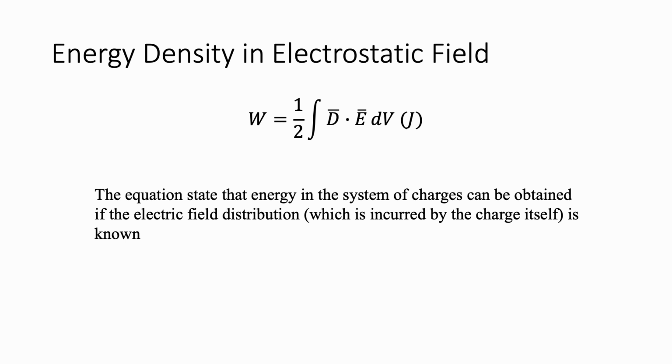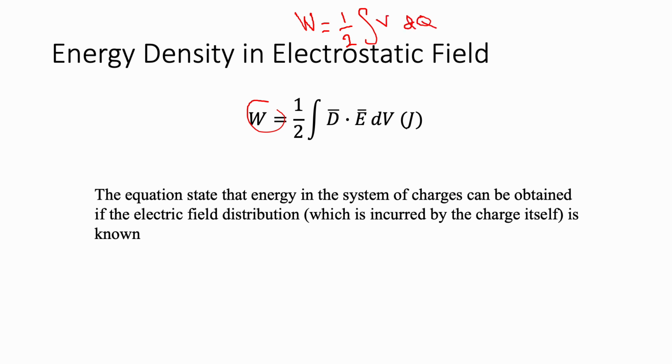There is another alternative way to calculate the energy density that has been introduced to us. Just now we know W equals half, please bear with my handwriting here, half the integration of V dq.